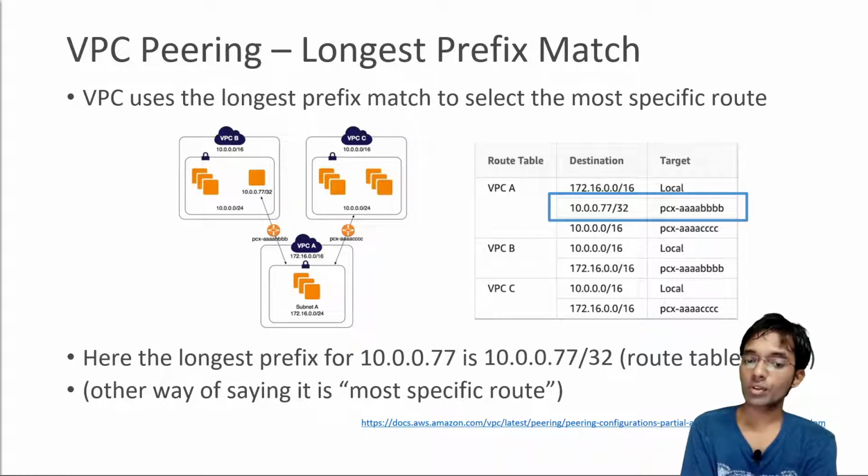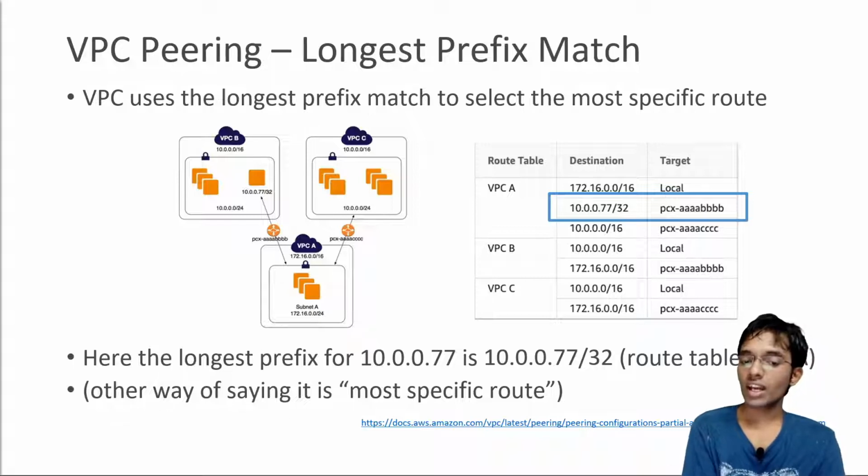Anything that is very specific, like 10.0.0.77/32, is going to be the most specific route here, and is going to be sent to VPC B, and then anything else, 10.0.0.0/16, is going to go to VPC C. So the idea is that this /32 route is the most specific, it is the longest prefix, and therefore it's going to have priority in case there's a match over the second rule, and the other VPC just has a basic VPC peering connection.